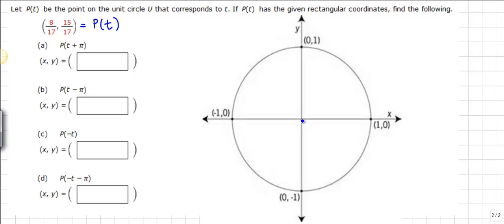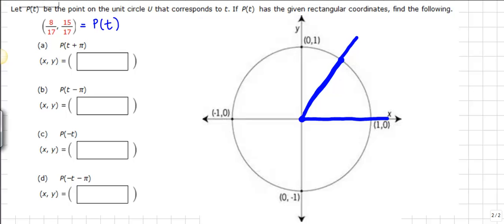Okay, so standard position means the initial side's vertex is at the origin and lies on the positive x-axis, and this value 8/17, comma 15/17 would put us somewhere in this ballpark.